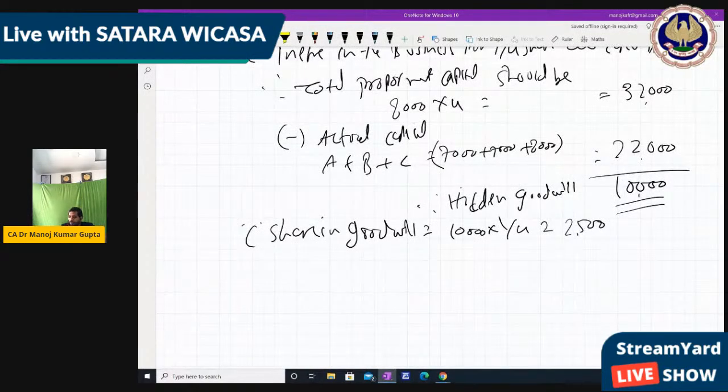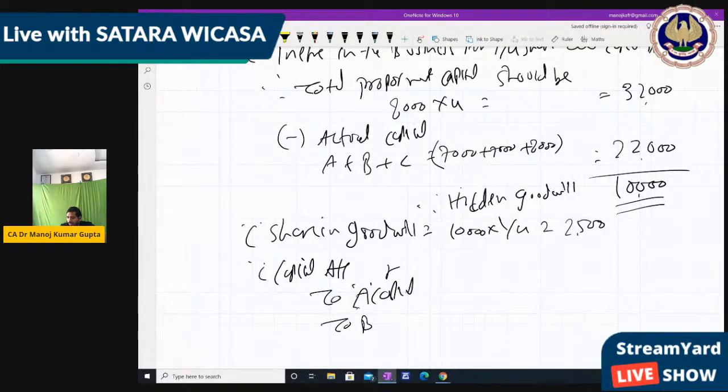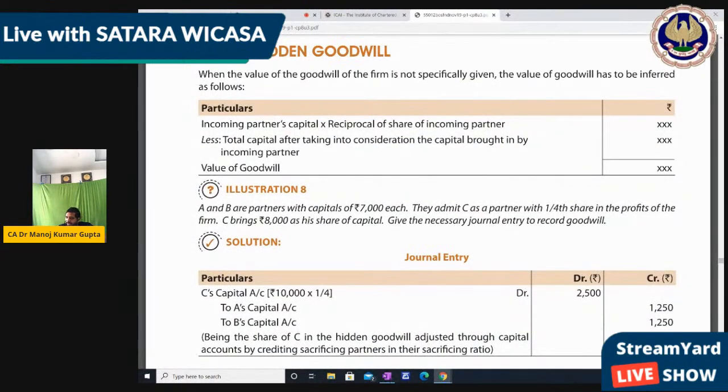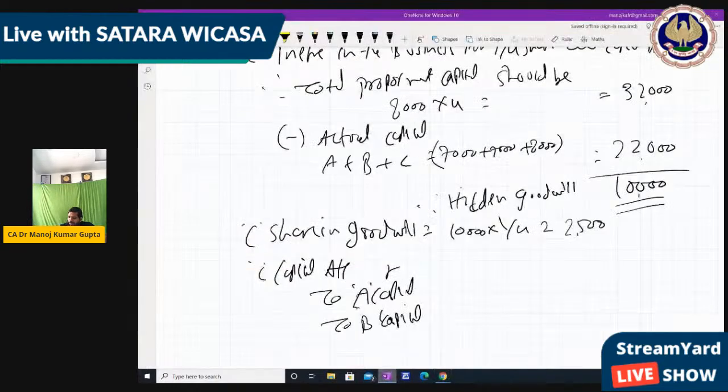Now what we do? His share will be sacrificed, meaning his share will be given by the sacrificing partners. So we can write: C capital account debit, to A capital, to B capital, in the sacrificing ratio. Nowhere has it been mentioned how A and B sacrifice, so we consider their old profit sharing ratio, which is also not given. So we assume it is the same, that is 1:1, so they will sacrifice 1:1.